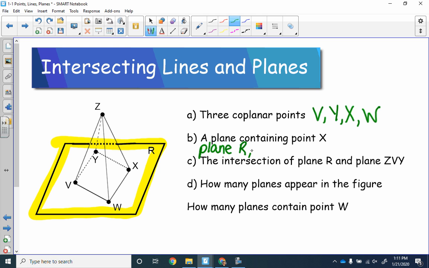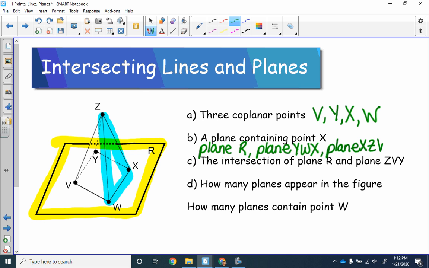Now I could also name this differently, and I could refer to it as plane YXW if I wanted to. That would be another way to work with that same plane. Now there's another plane that also includes point X, and it's this triangle right here. And so another plane that we could refer to is plane XZW.